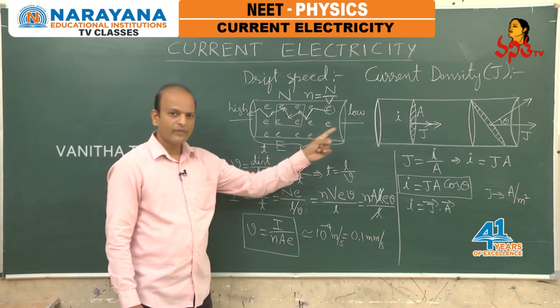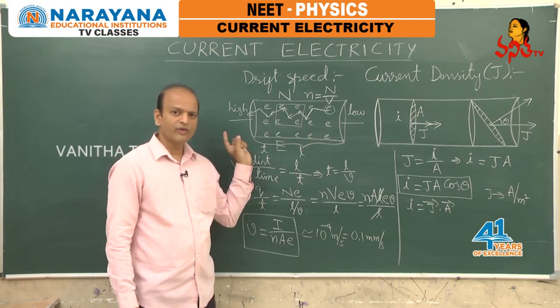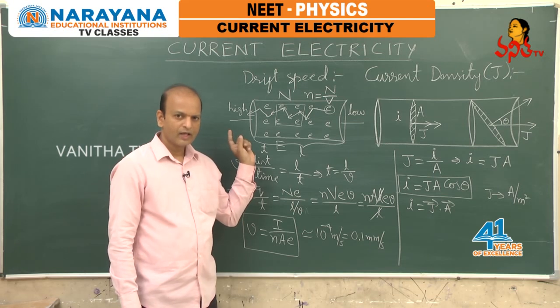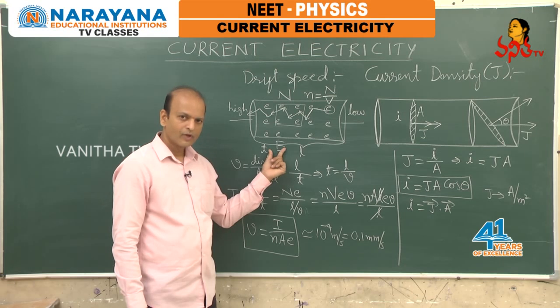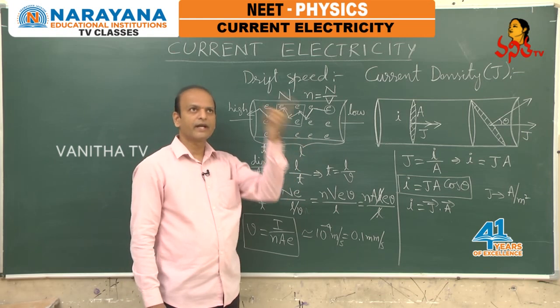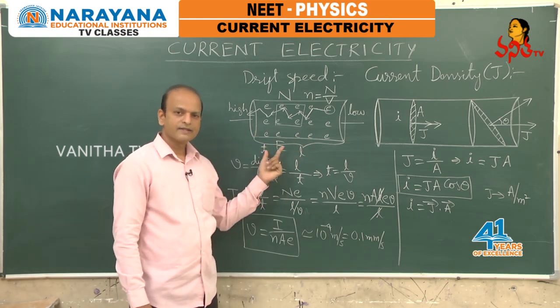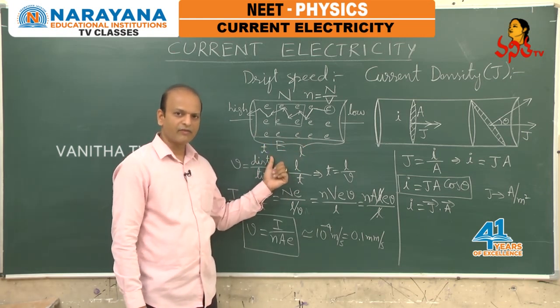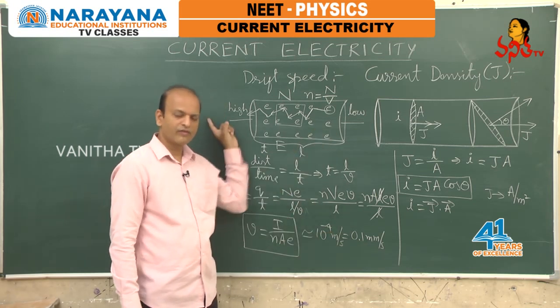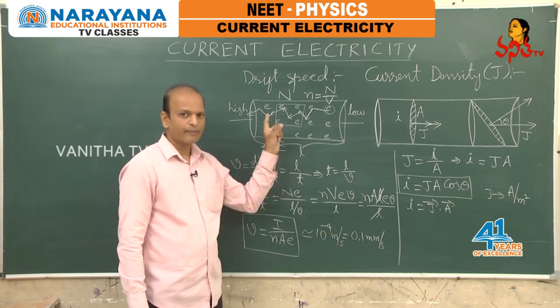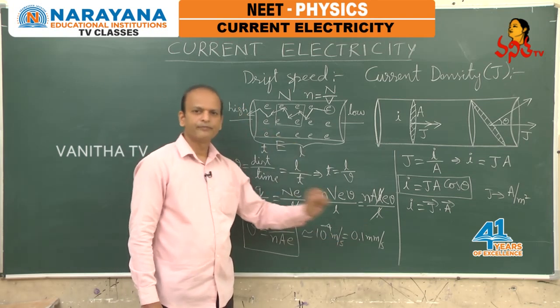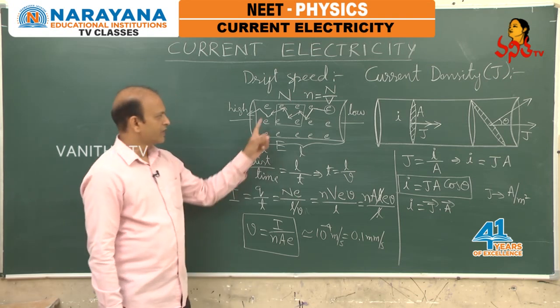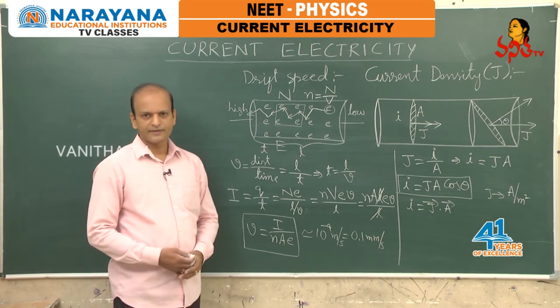Practically the electrons are not moving from one end to the other end. What is moving quickly is the electric field, with light speed. That is why whenever you switch on, we get the power supply on the same instant because of the electric field, not due to electrons moving from one end to the other end. They are moving under the influence of the electric field, but how? Slowly. So, that is what we call the drift speed.